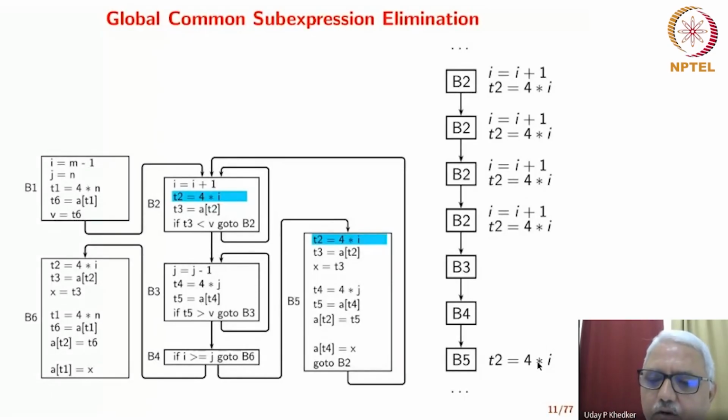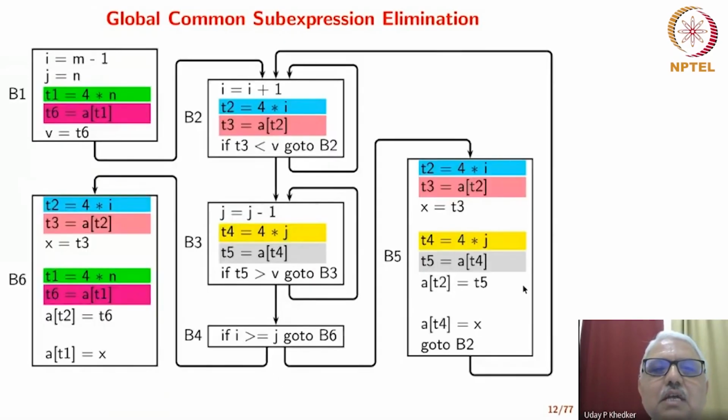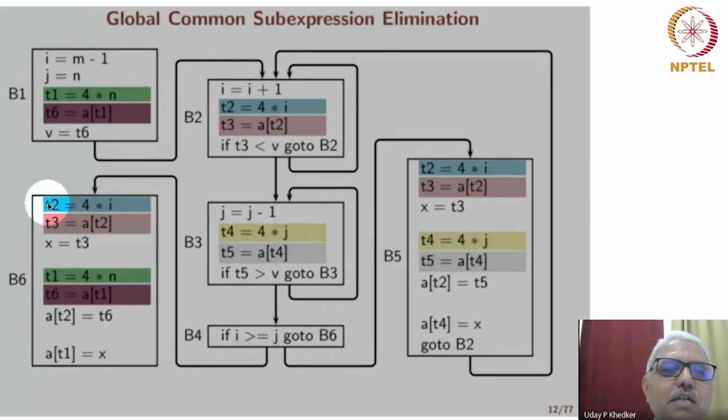Okay. So for now we will proceed. We're talking about these two, the last and the first occurrences. For now we will assume that there is a way of doing it, and therefore we observe that we can get rid of this. T2 is equal to 4 star I, we can get rid of this. T4 is equal to 4 star J, we can get rid of this, as well as this.